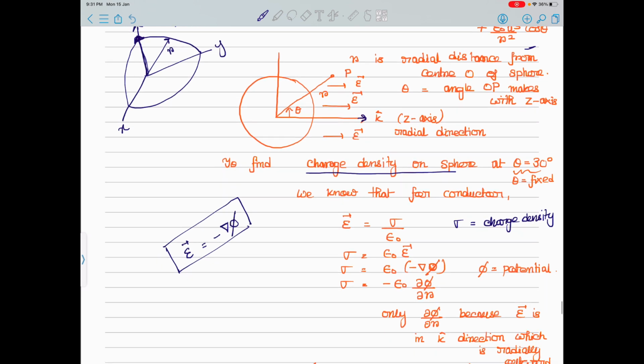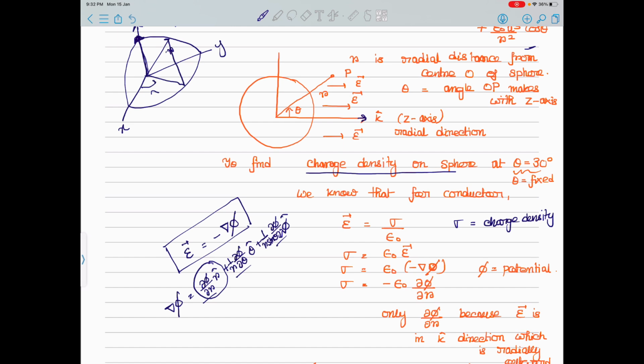Now this grad phi in spherical polar coordinates can be written in terms of R, in terms of theta, and in terms of phi. Everything can be written: delta phi by delta R, plus 1 by R delta phi by delta theta, plus 1 by R sine theta delta phi by delta lambda, so lambda is this particular direction.